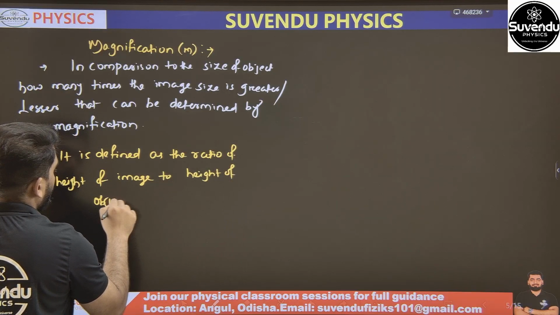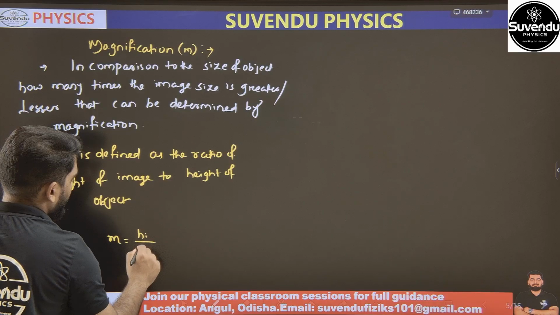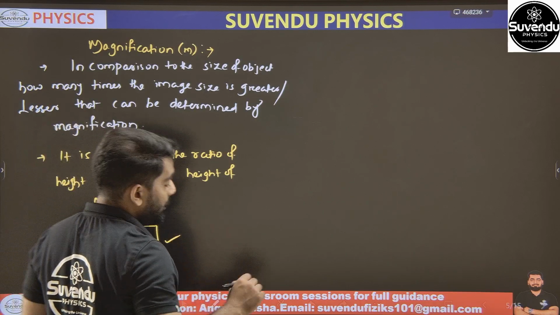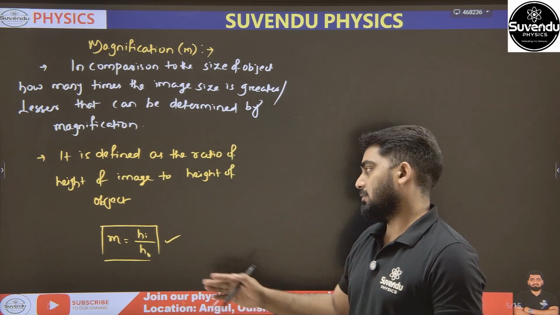So simply we can denote it as small m is equal to hi divided by ho. This is the working formula for magnification in terms of object height and image height.